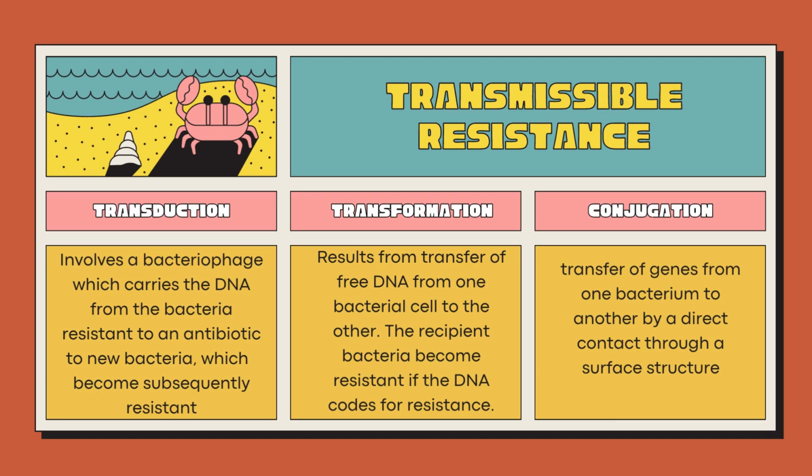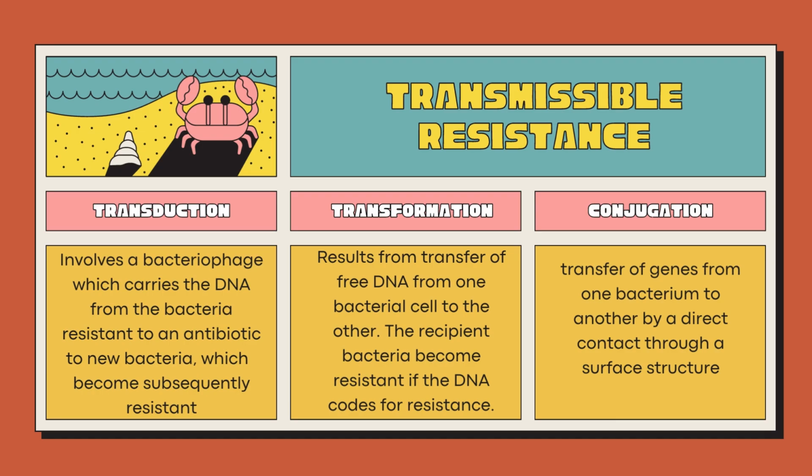So, transduction involves a bacteriophage, which is a virus that infects a bacterium, that carries the DNA from a bacterium resistant to an antibiotic to new bacteria, which also subsequently become resistant to that antibiotic. An example is the transfer of penicillinase code among Staph aureus bacteria.